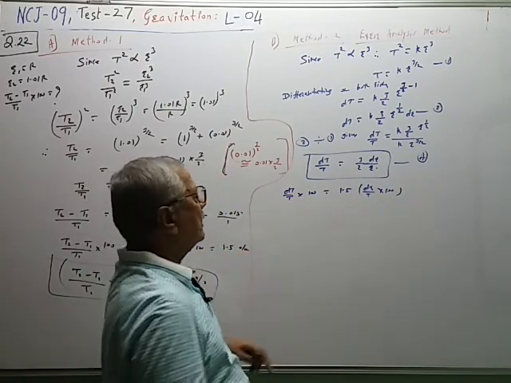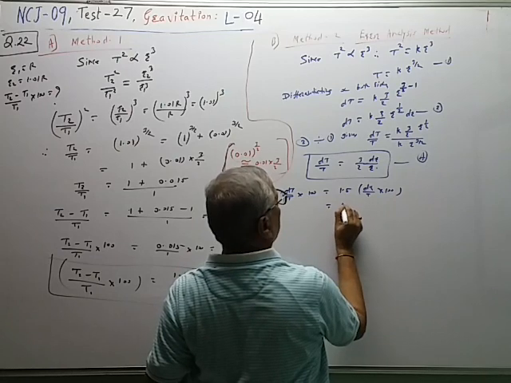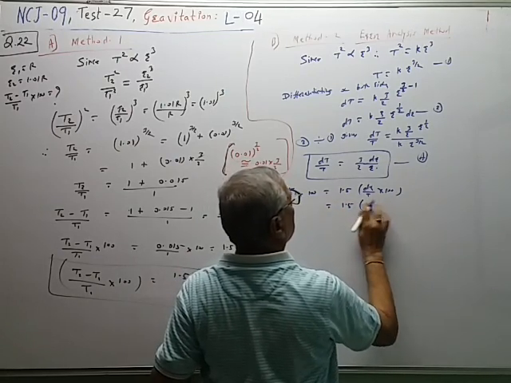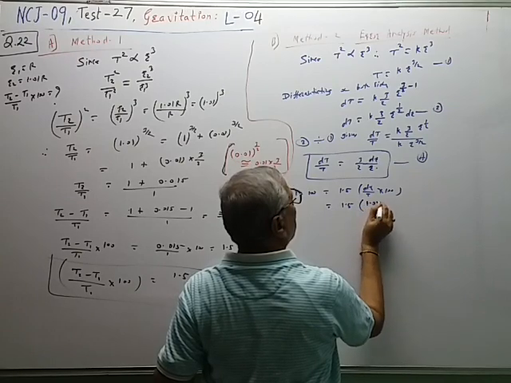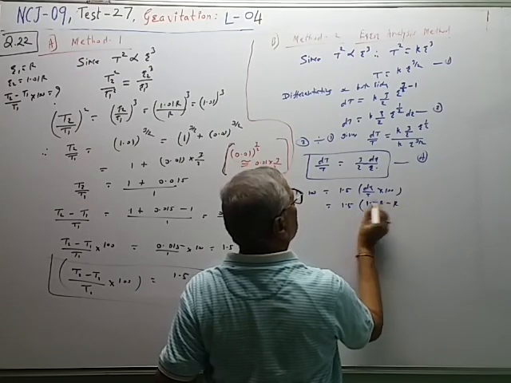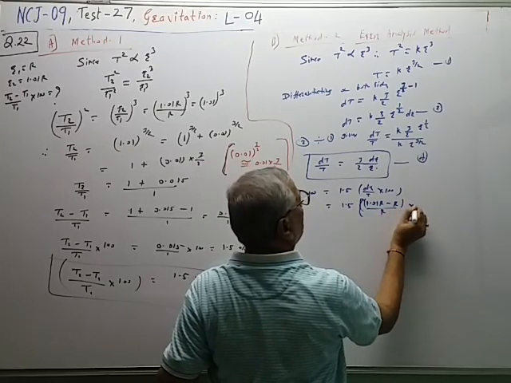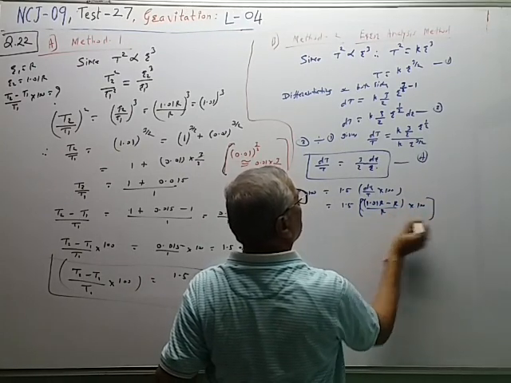Percentage change in radius. So 1.5 multiplied by 1.01 r minus r upon r multiplied by 100.